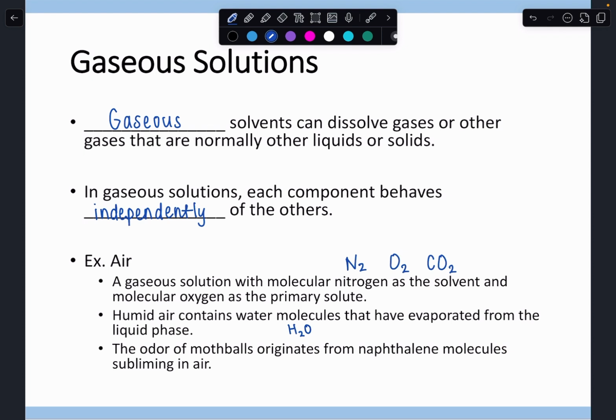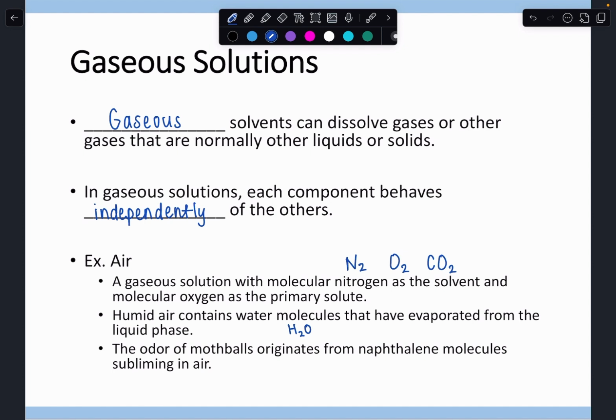Another example is any scent. The one on this slide is mothballs. If you've smelled mothballs before, they are composed of naphthalene. That is a solid molecule, but that molecule sublimes in air. So it goes from a solid to a gas. When it's in the gas phase, dissolved in the nitrogen atmosphere, we can smell it. So those are a couple examples of gaseous solutions.